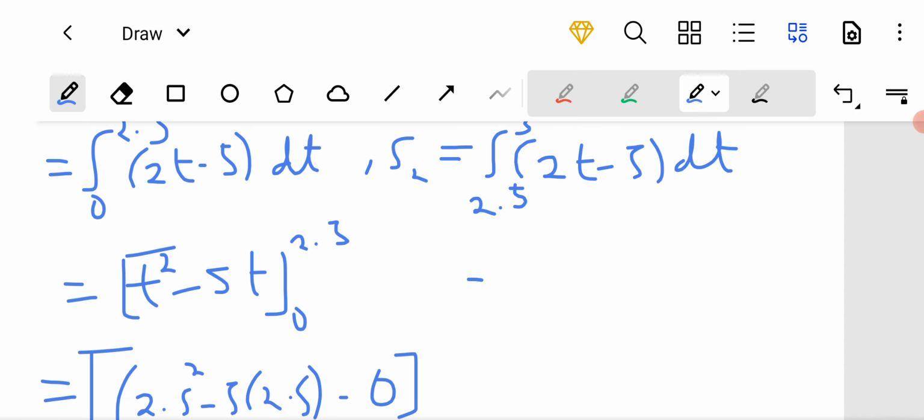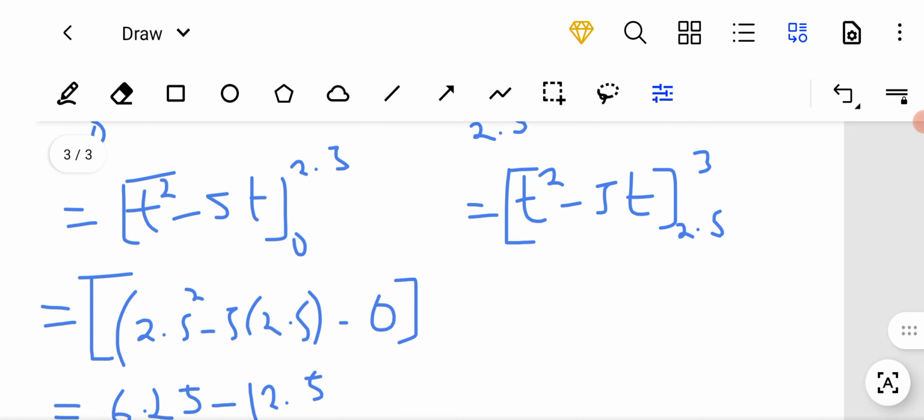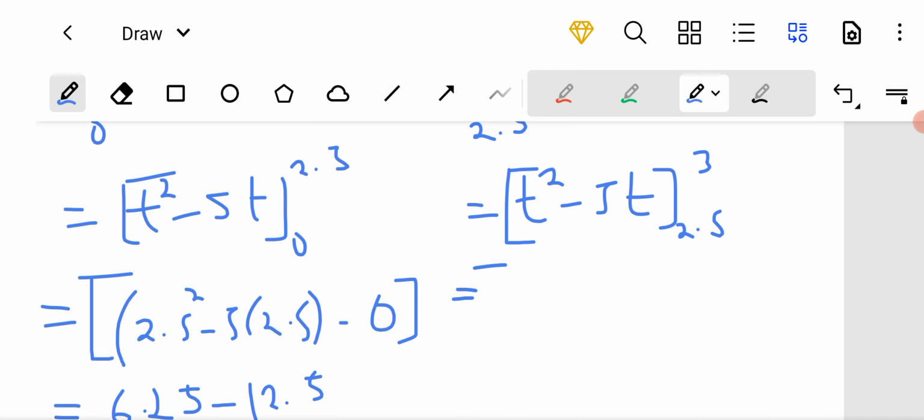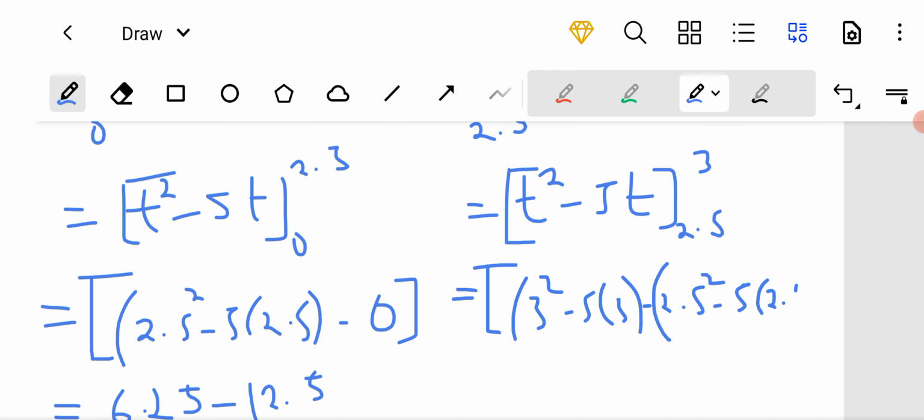If you integrate that nicely, t squared minus 5t from 2.5 to 3. So this will be equal to, square bracket, 3 squared minus 5 multiplied by 3, minus, 2.5 squared minus 5 multiplied by 2.5, close the square bracket.